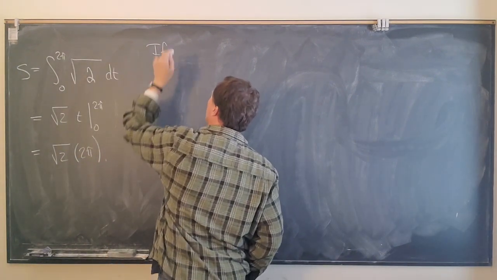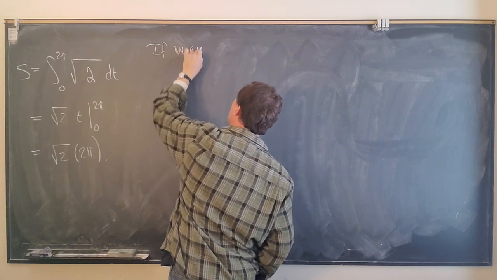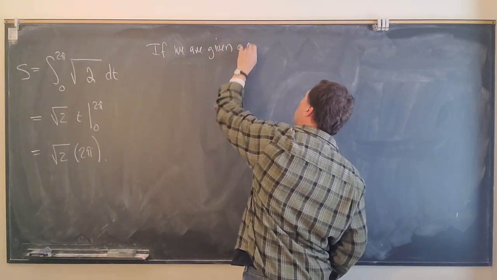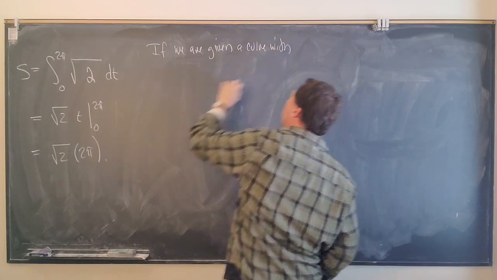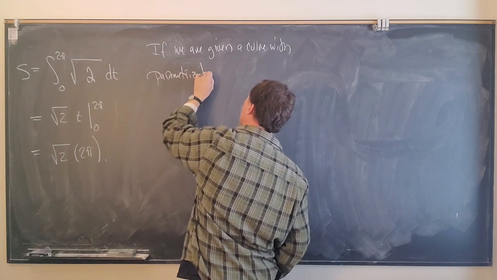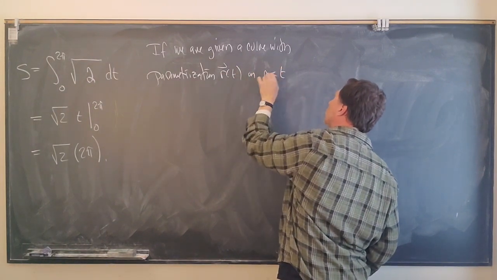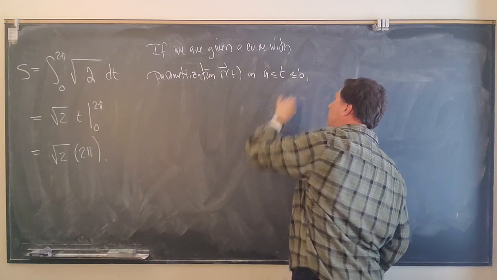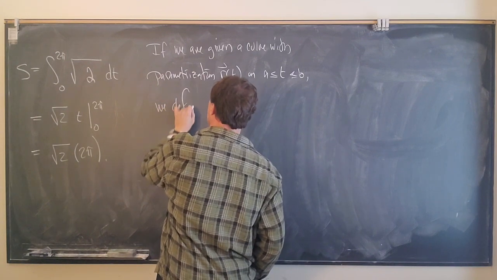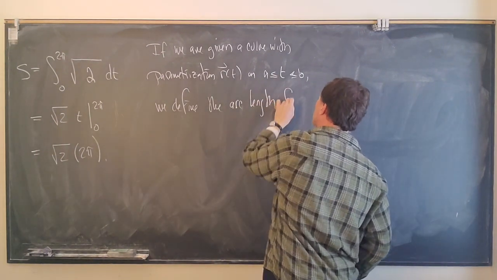So let's say that we have some curve given by a parameterization. So if we are given a curve with parameterization r of t on the interval from A to B, we define the arc length function.